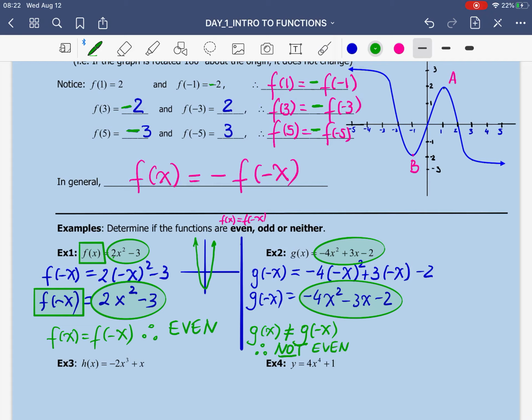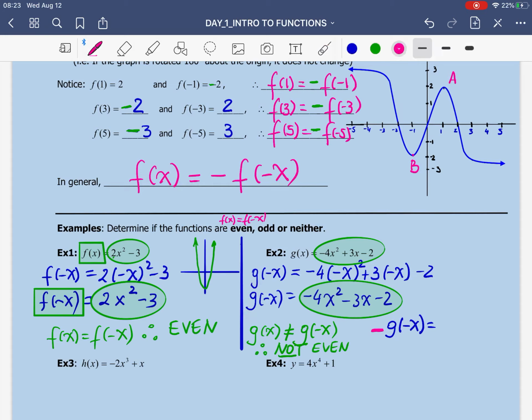But I won't stop there. I want to check if it is odd. So for a function to be odd, I need to find negative g of negative x. What that means is that I'm going to grab the g of negative x here, and I'll give the whole expression a negative sign.